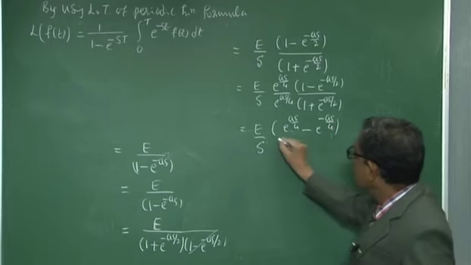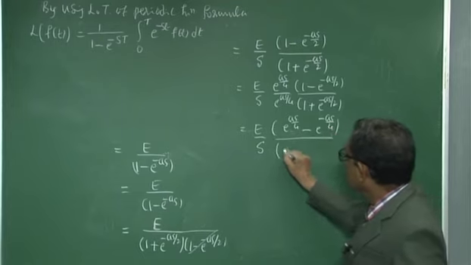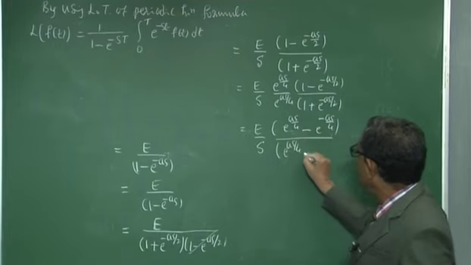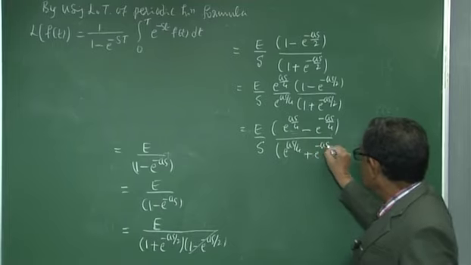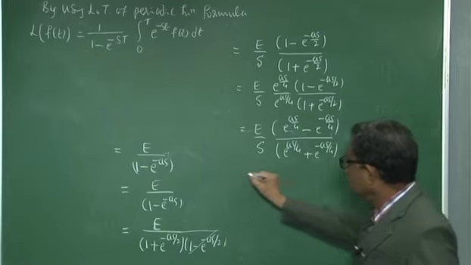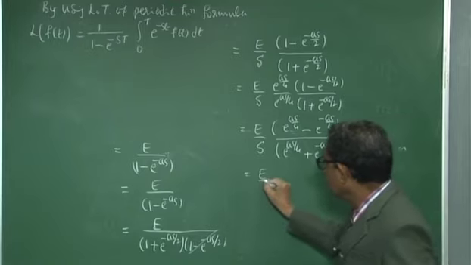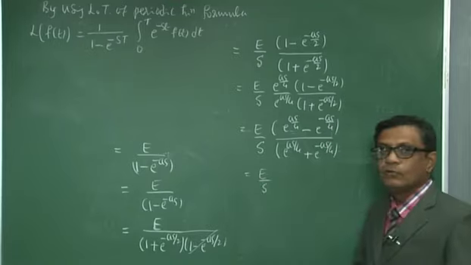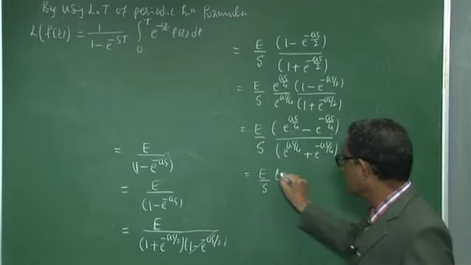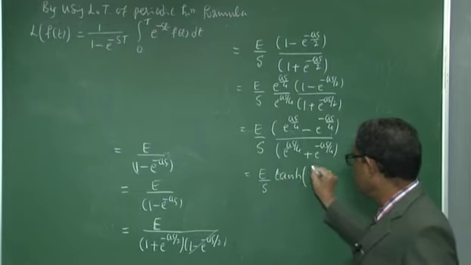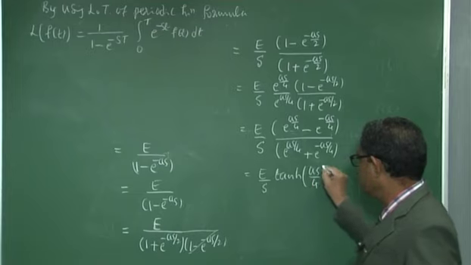If you take it inside the bracket, it is e raised to as by 4 plus e raised to minus as by 4. Now what is this one? By definition of hyperbolic function, tan h as by 4.